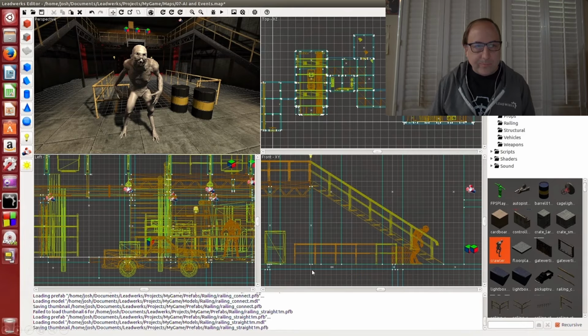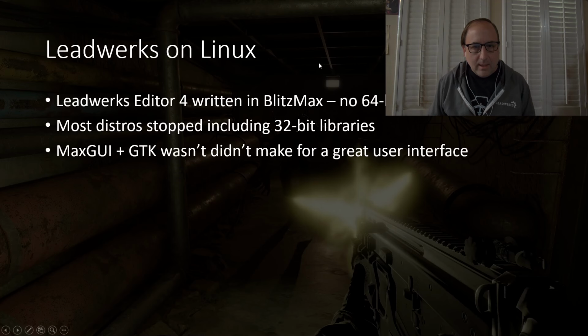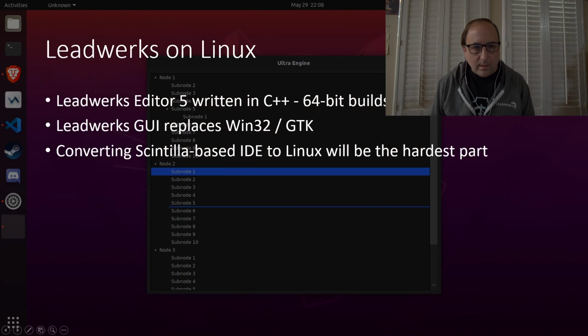Additionally, I was using MaxGUI for the user interface, which wasn't great. I put a ton of time into it, but the end result was kind of glitchy and doesn't look that great. Leadwerks 5 solves these problems because the editor is written in C++, and so we just do 64-bit builds now.